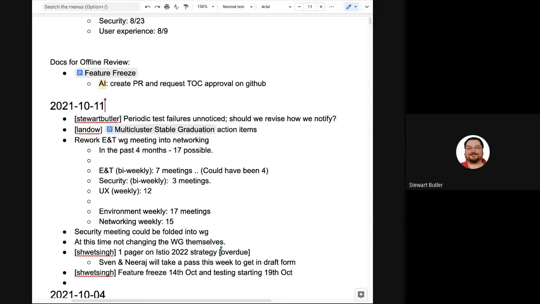Yeah. Okay. So in the test and release meeting last week, it came up that there had been some breakage in our periodic Prow tests that had gone unacknowledged for, I think, about a week, maybe longer.